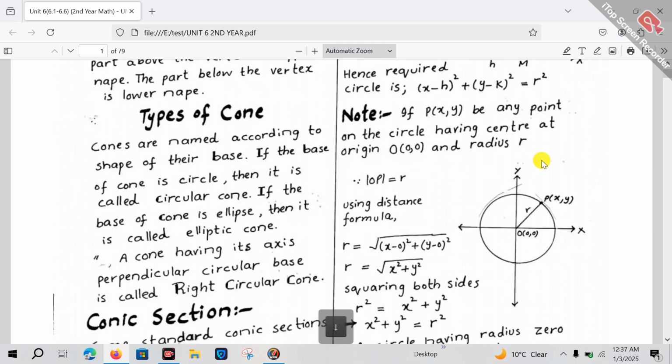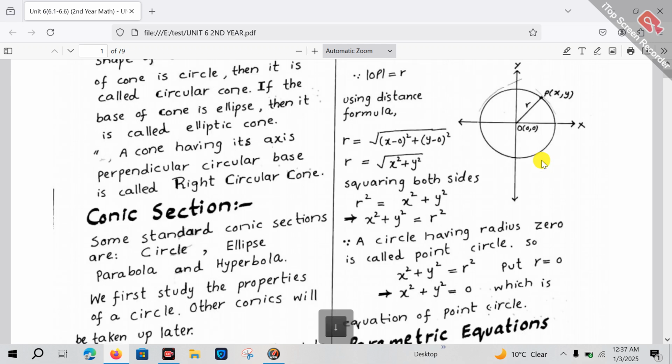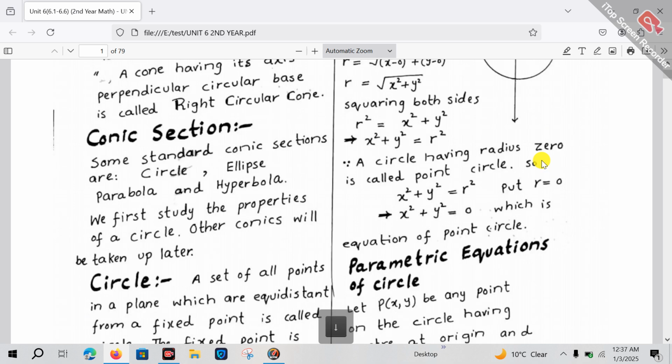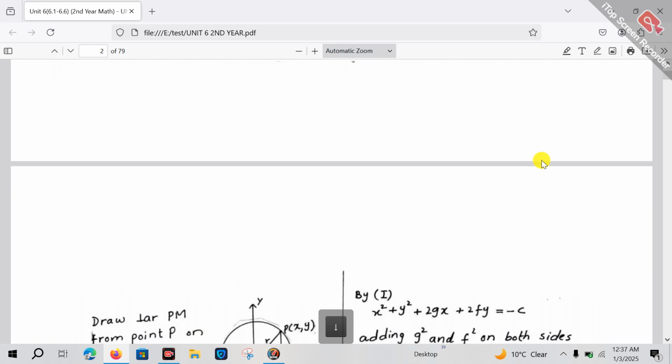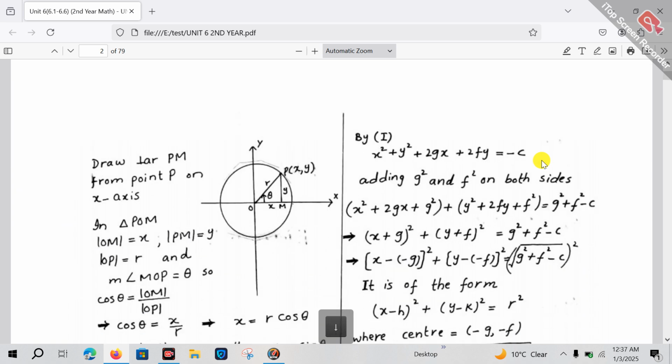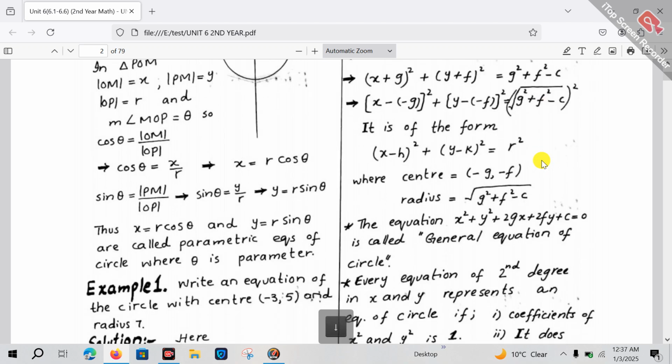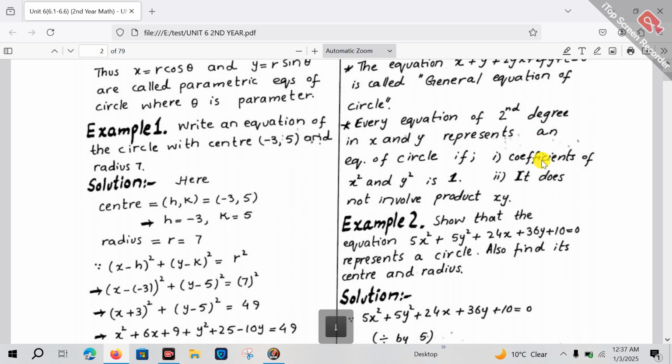When we are given the center and radius of a circle, then we can find the equation of the circle. So if we are given the center and the radius, we can apply the standard form of the equation of a circle.